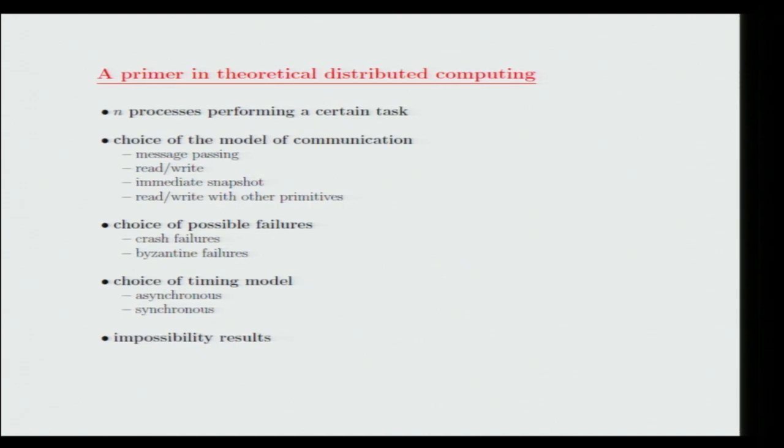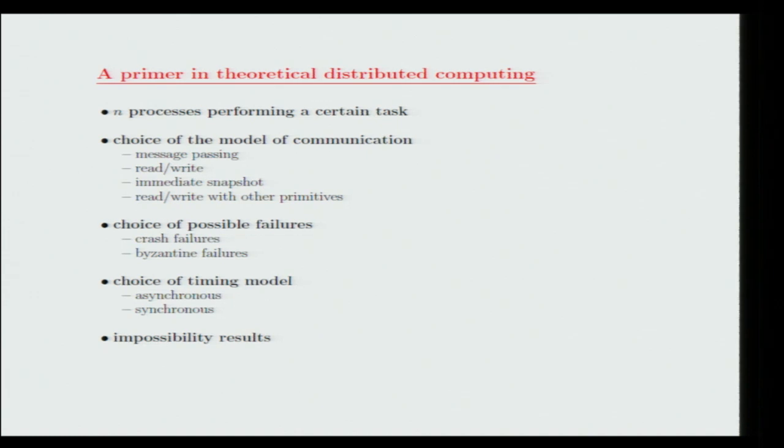But if you want to do it somewhat realistically, they need to make assumptions about what happens to the messages. It may take a long time for messages to arrive, but they don't want bad things to happen, like if you send two messages in a row, the second one arrives before the first one.